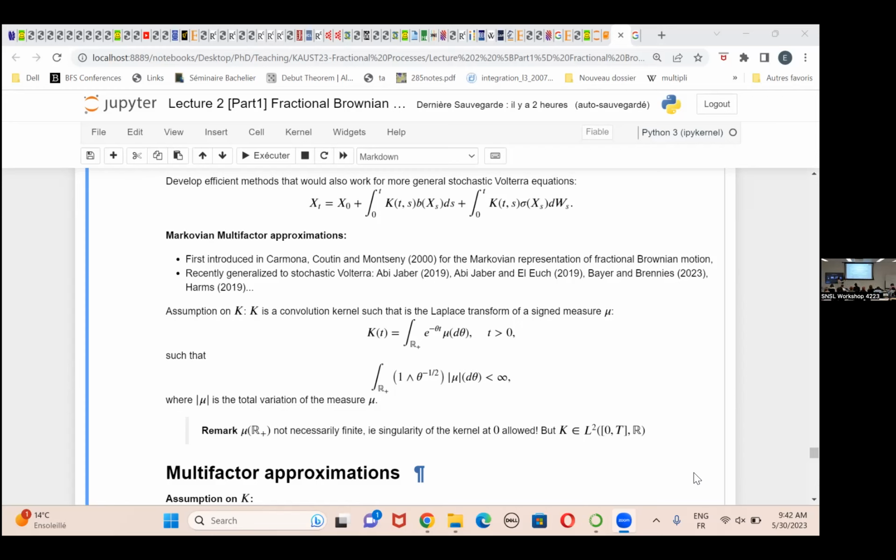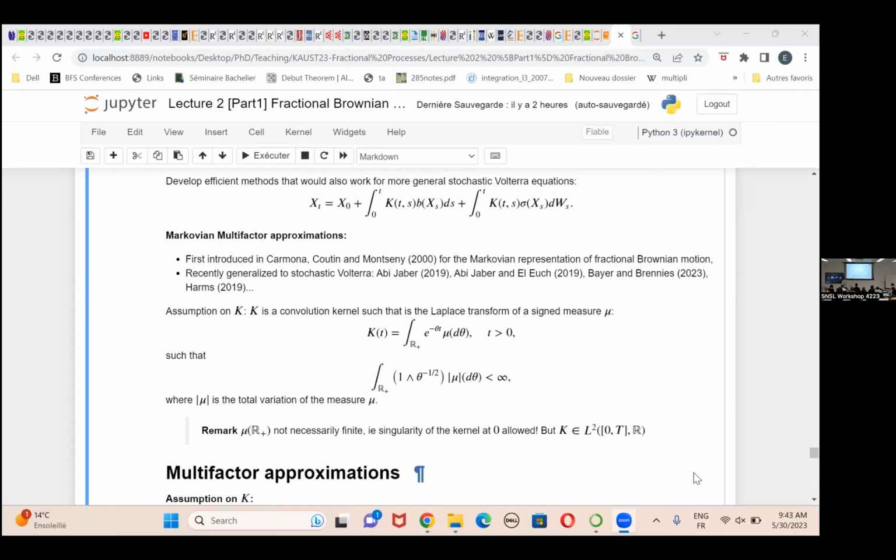I didn't say much about the extension to the non-Gaussian setting, where you allow even a stochastic process in the stochastic integral, and you can also have more general dynamics in the drift. We're not going to discuss these equations in detail, but these are the analog of stochastic differential equations, here stochastic integral or stochastic Volterra equations, where you convolve the dynamics with a kernel.